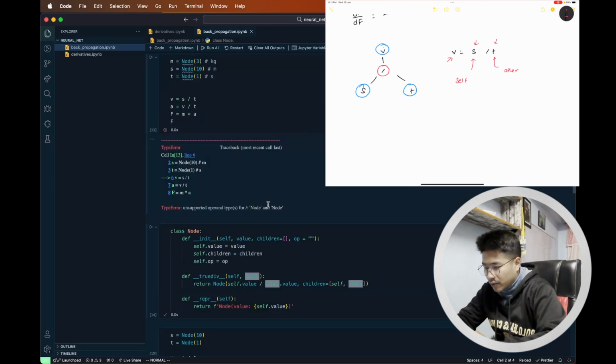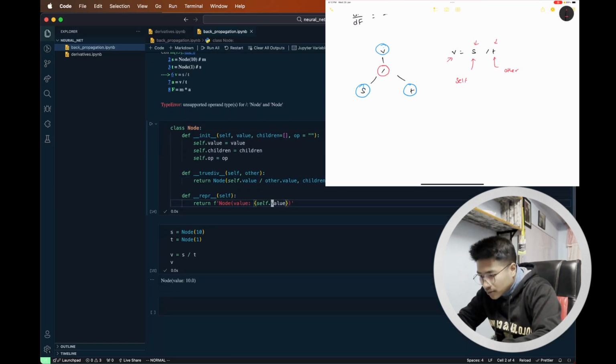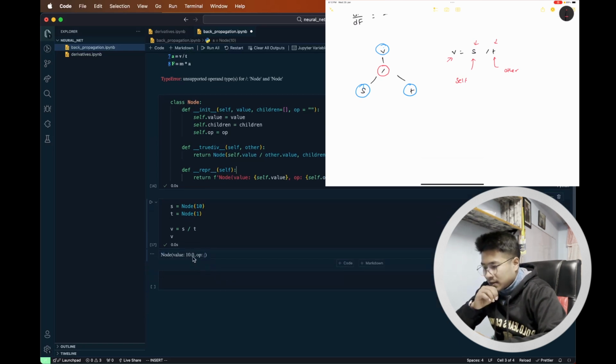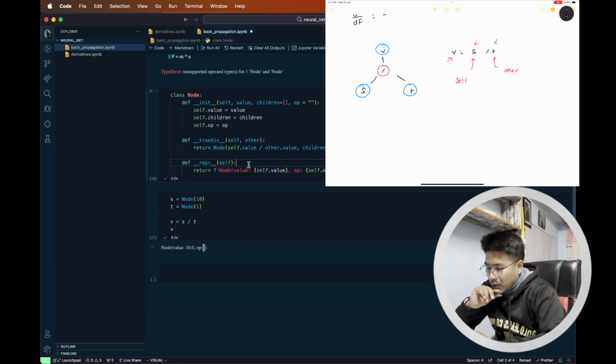And over here, when I do that division, my operation would be a division. Let's also have that over here. So operation is self dot operation, and this would now look a bit cleaner. So I have this operation that tells me that this value was obtained from a division. That's cool. What else?